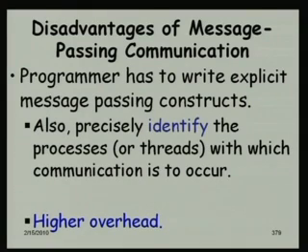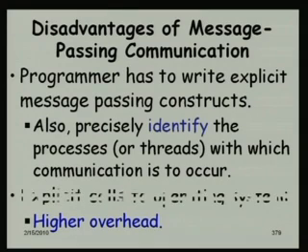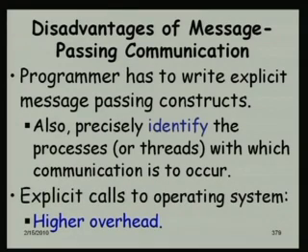And when there is dynamic creation of processes, etc., you will have to keep track of the process IDs and then communicate with them. And also each time there is a message passing, you will have to give an explicit call to the operating system, which is a higher overhead.